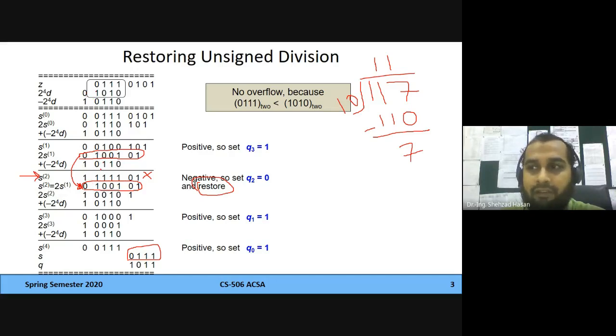If I subtracted something from it and add the same thing to it, I get the previous answer. So this is one way we can restore and get the same result back. But this means that you are going to do two operations. One is the regular operation, then the trial subtraction, and then when you find out that the result is negative, you do an addition. That's an additional operation, and it's going to take more time.